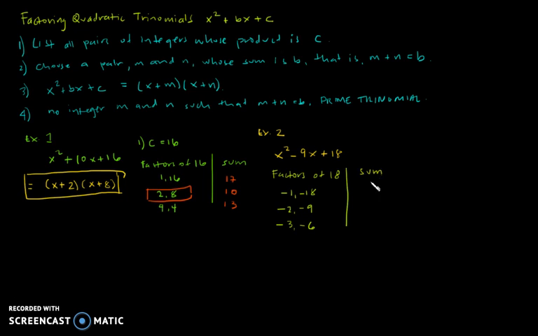Negative 1 plus negative 18 would be negative 19. Negative 2 plus negative 9 would be negative 11. Negative 3 plus negative 6 gives us negative 9. Looking at the pairs, choose negative 3 and negative 6, because it gives us a sum of negative 9, which is b.